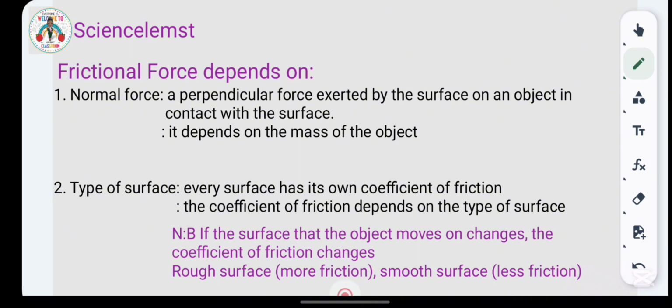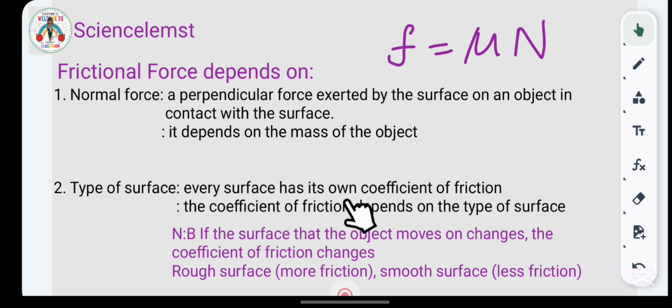Looking at our formula, we said that friction is equals to the coefficient of friction multiplied by the normal force. Based on this formula, we can see that frictional force depends on two things. That is the coefficient of friction and the normal force. Okay, now the coefficient of friction is given by the type of surface that the object is moving on.